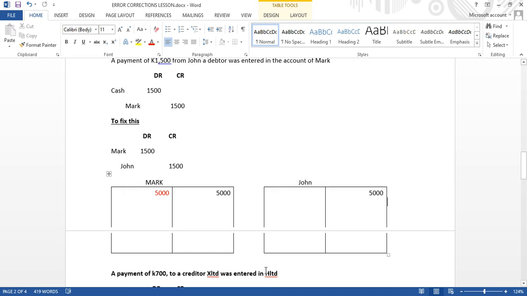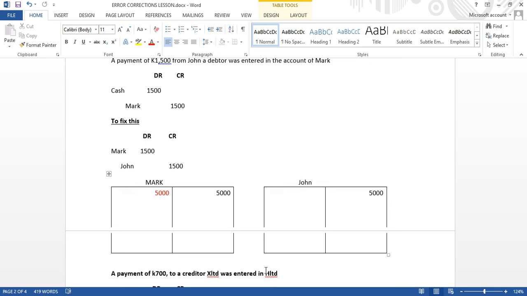Let's walk through this together. Can anyone identify what the transaction is, the types of accounts involved, which ones are increasing and which ones are decreasing? And then after you tell us that, we want to see if you can tell me how we fix this error.